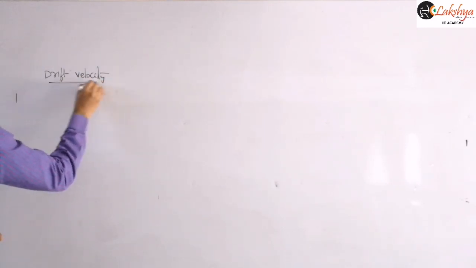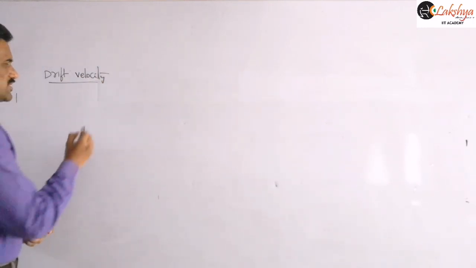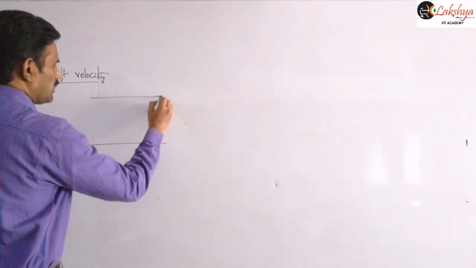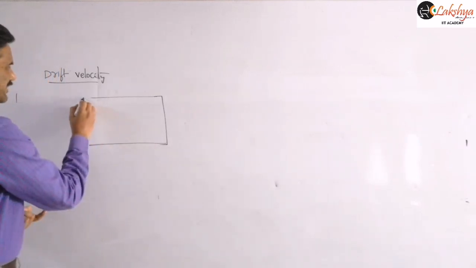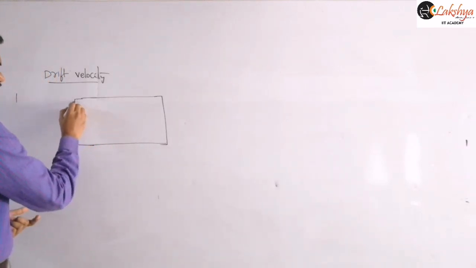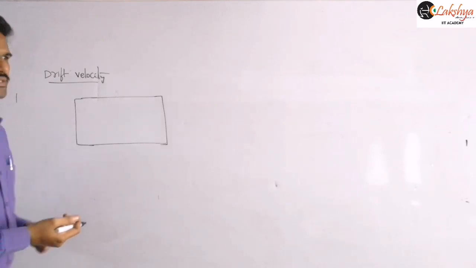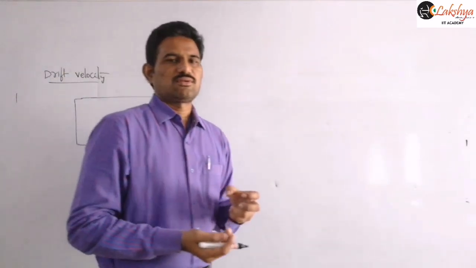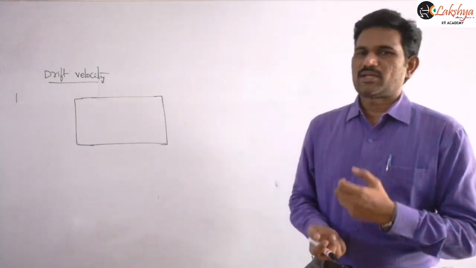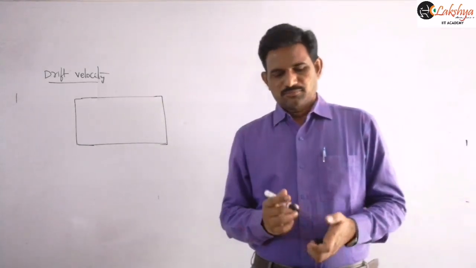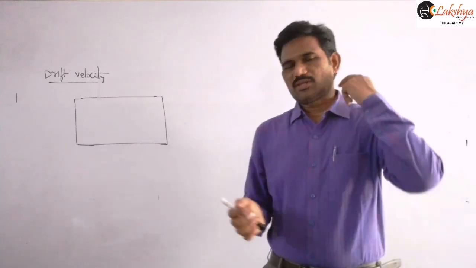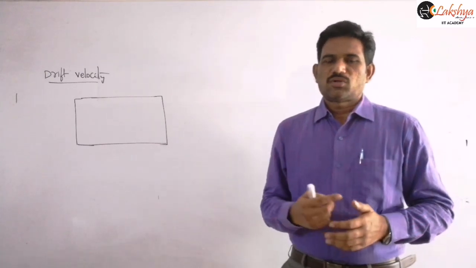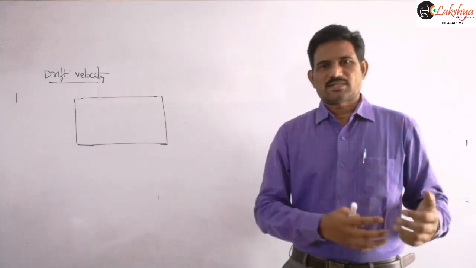For drift velocity, take a conducting material like this, it may be an iron rod or a copper rod or any conducting metal rod. We discussed already how the electrons are inside this conducting material. As we are talking about the conductor, it consists of a large number of free electrons, right? And those free electrons are not at rest.